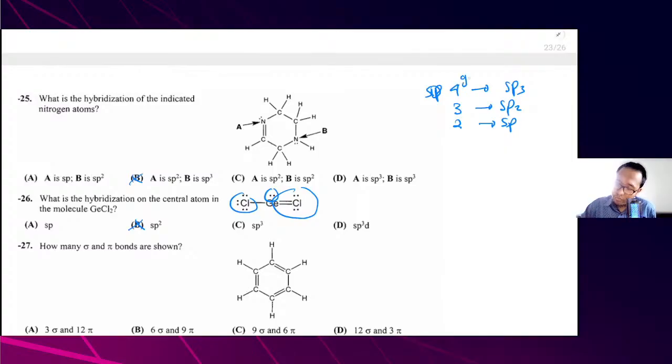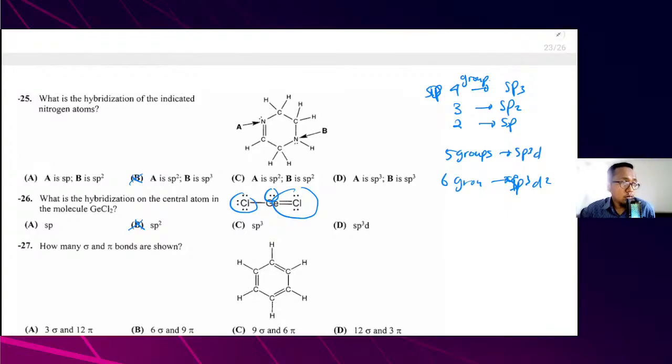Okay, it means groups, right? If 5 groups, it is sp3d. If 6 groups, it is sp3d2.